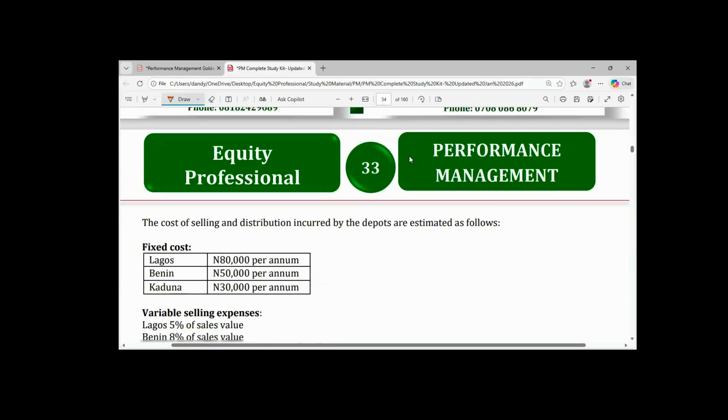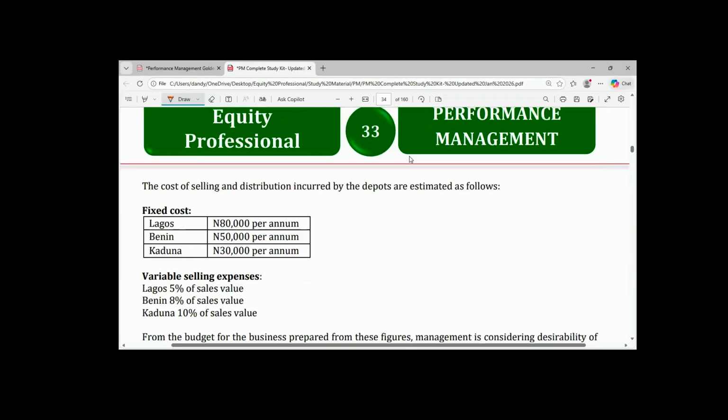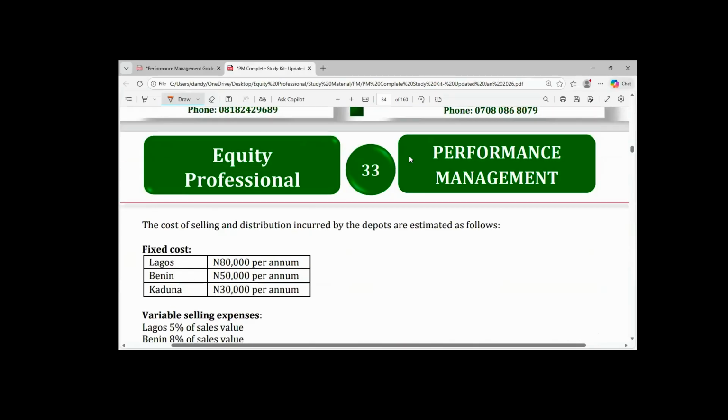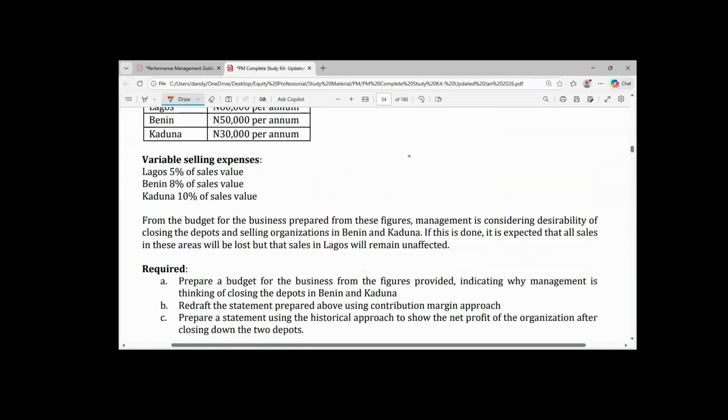The cost of selling and distribution incurred by the depots are estimated as follows: fixed cost, Lagos 80,000 naira per annum, Benin 50,000 naira per annum, Kaduna 30,000 naira per annum. Variable selling expenses are Lagos 5% of sales value, Benin 8% of sales value, Kaduna 10% of sales value.